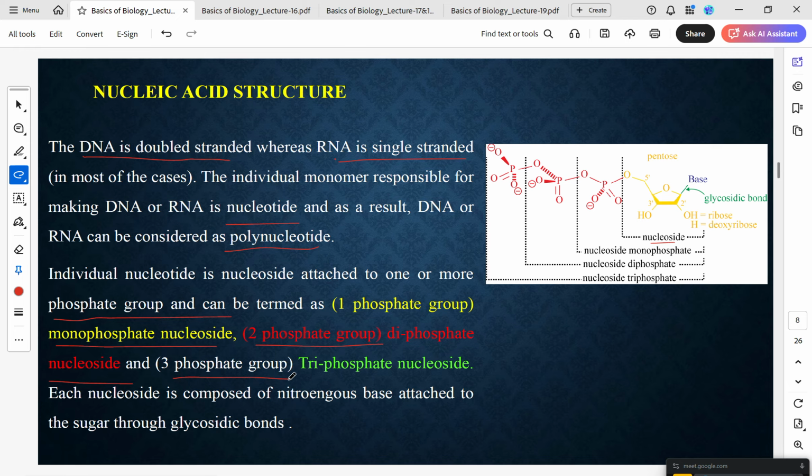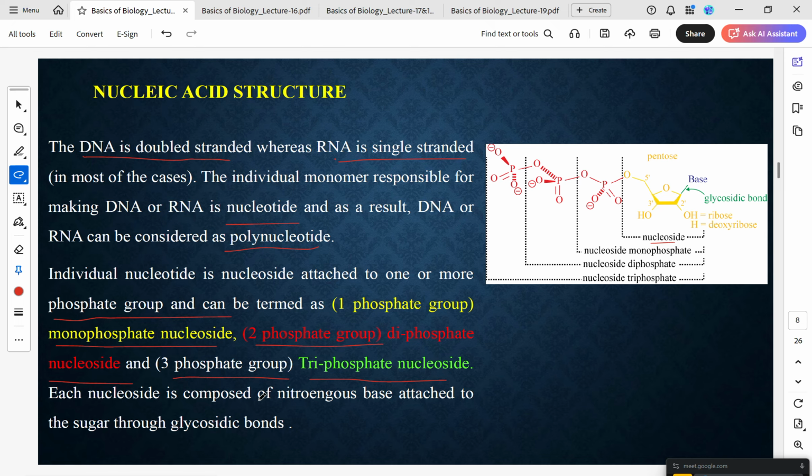And if it's attached to three phosphate groups, triphosphate nucleotide. And depending on what it is, it might be adenine triphosphate, adenine diphosphate, adenine monophosphate. Similarly, cytosine diphosphate, cytosine triphosphate, cytosine monophosphate, guanine. You get the point. So depending on what the nucleotide is, the terminology varies.